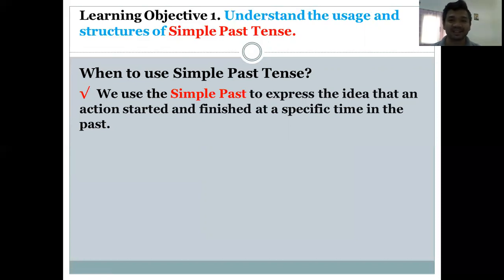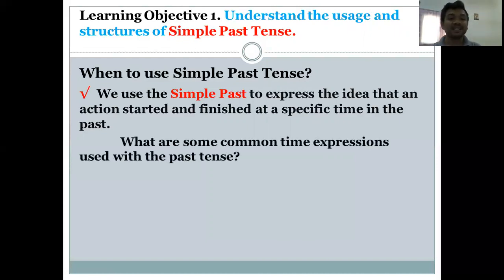The action started in the past and also finished in the past. As easy as that. In addition, we can also use simple past for a series of actions that happened and finished in the past. Now please consider the following time expressions used with past tense. I'm giving you examples, but these are limited, so you can have more.